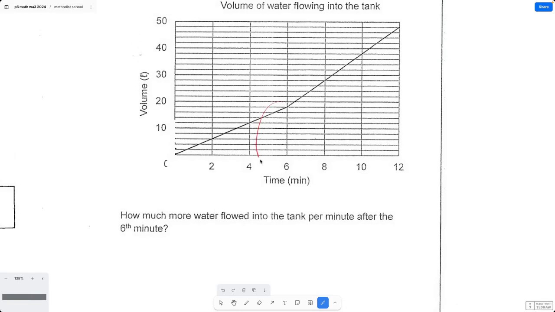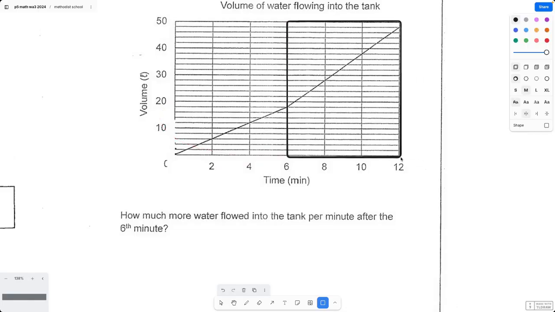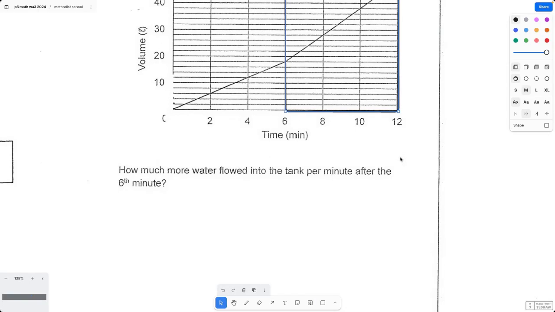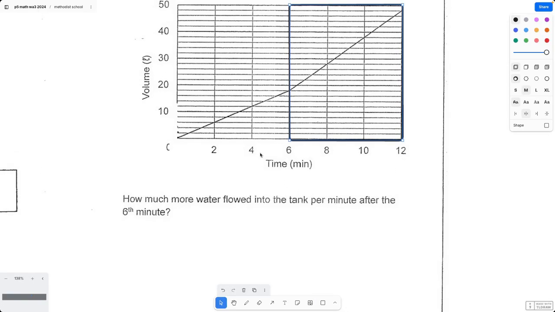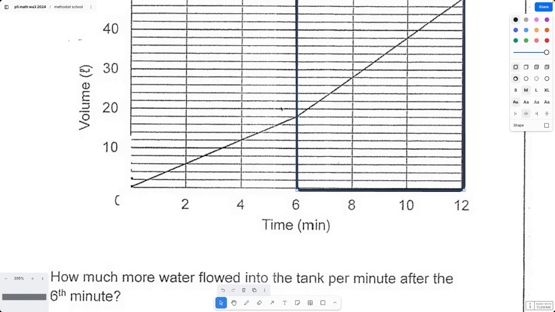So we don't really care about this part here. We just want to care about this part. So from here, 6. Let's see from 6 to 8. I want to see what's the number from 6 to 8, so I'm going to create a line from 6 over here, and then another line to here.